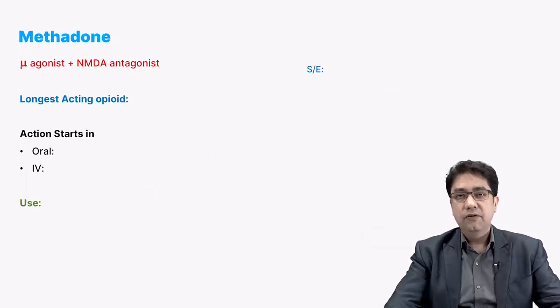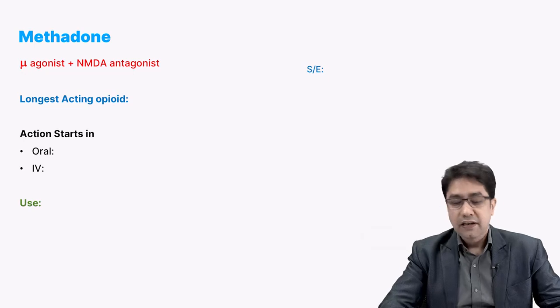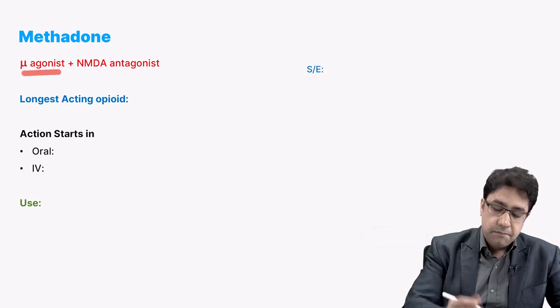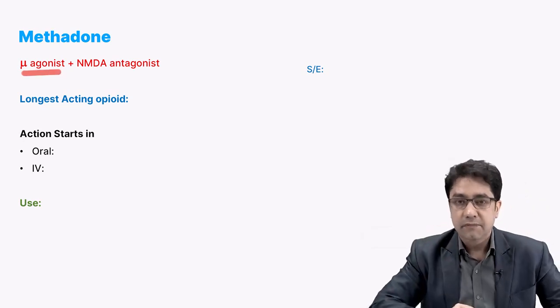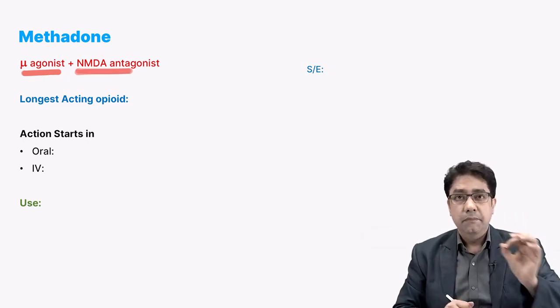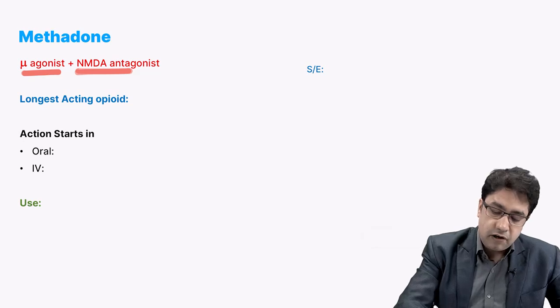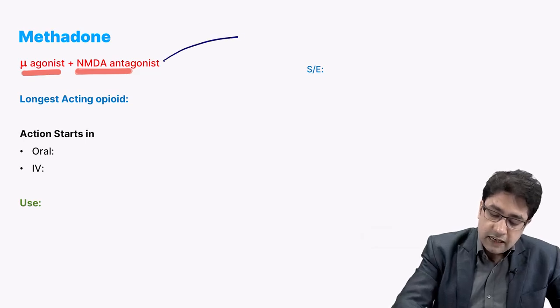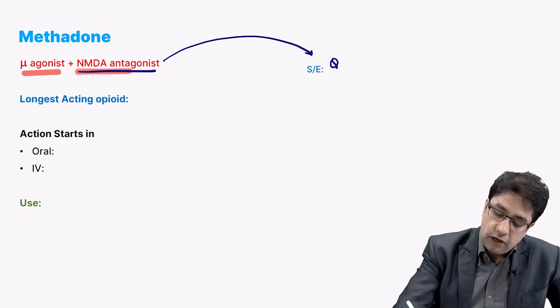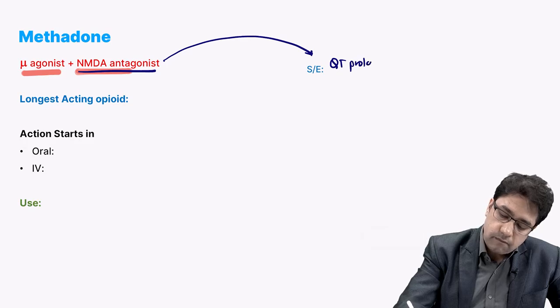Now, let's talk about next drug, methadone. So, methadone has a mu agonist action, but it also has one additional action. It blocks NMDA receptor of glutamate. Because it blocks NMDA receptor of glutamate, methadone has a side effect that methadone can cause QT prolongation on ECG.